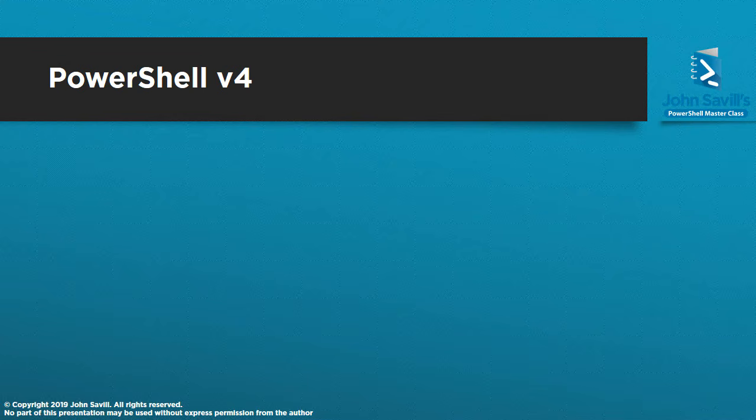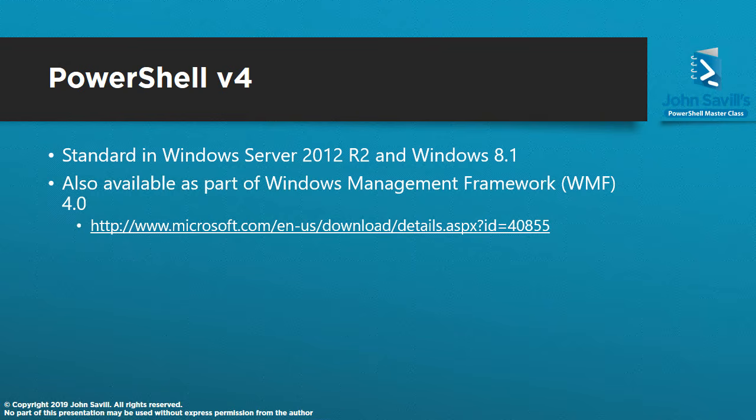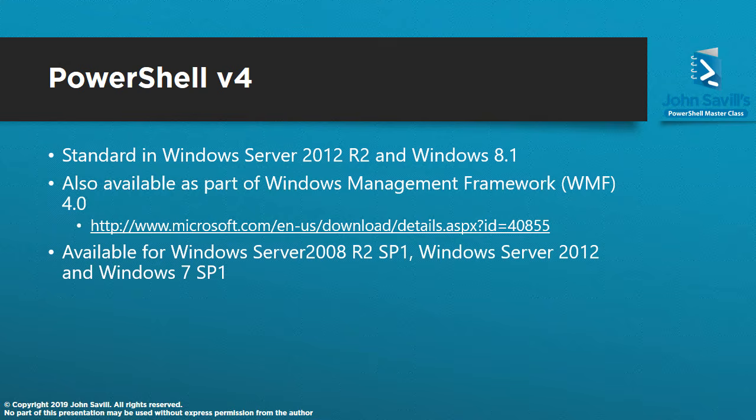Then PowerShell 4 came along, and this was standard in 2012 R2 and 8.1. Again, available in WMF 4, which took it all the way back to 2008 R2 and above. And even then, I can still have the version 2 available.